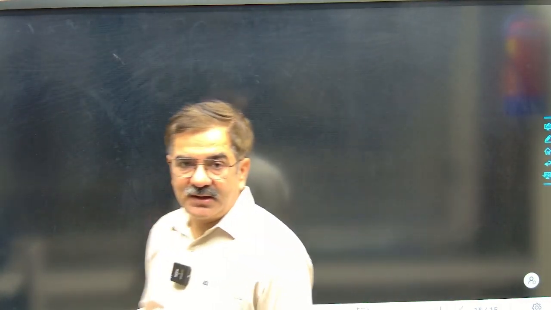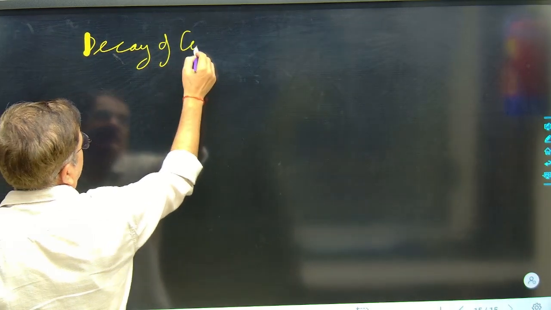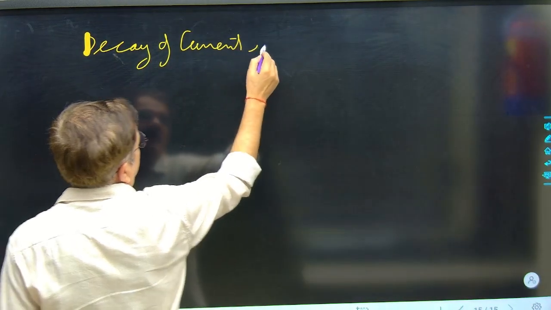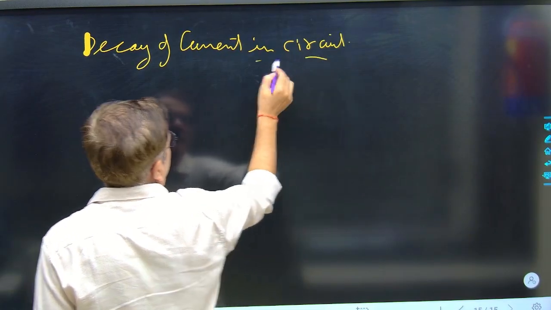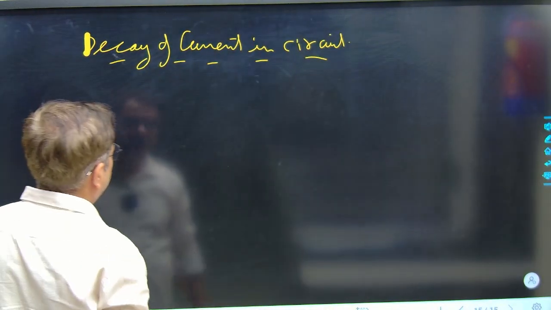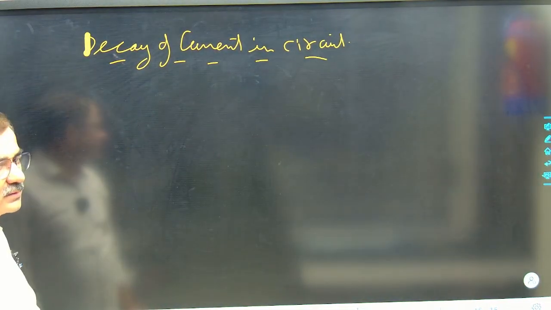So this was for time varying current and voltage in the circuit. Even the decay of current in the circuit follows the same rule. Energy stored in the inductor changes to the resistor.